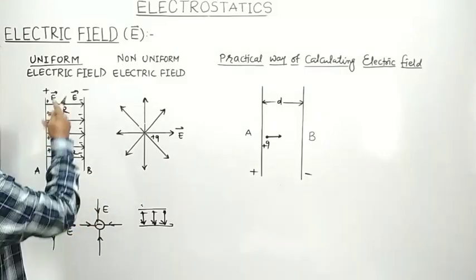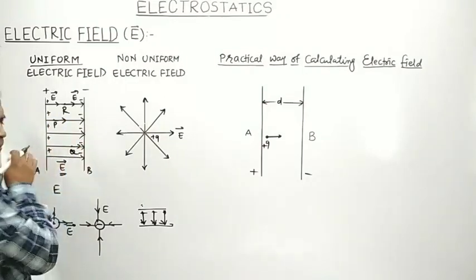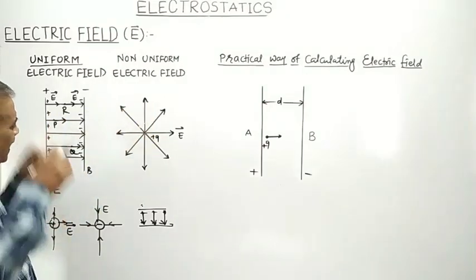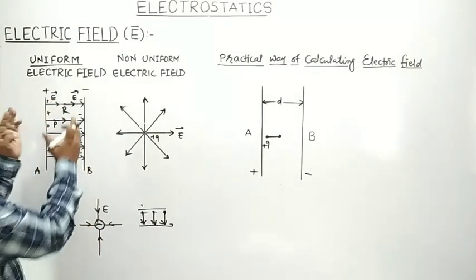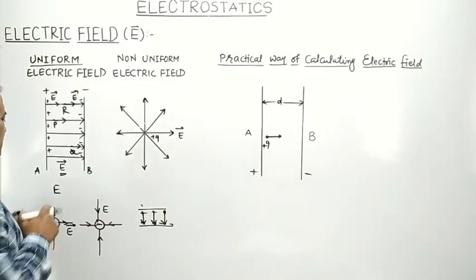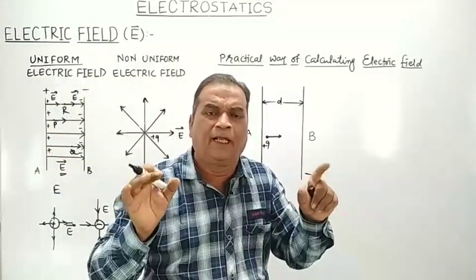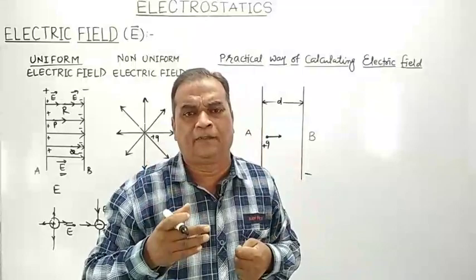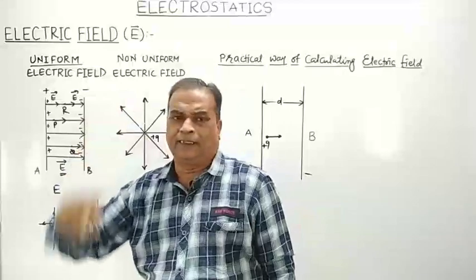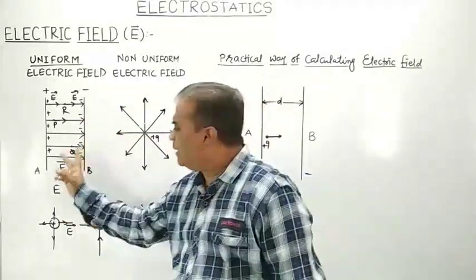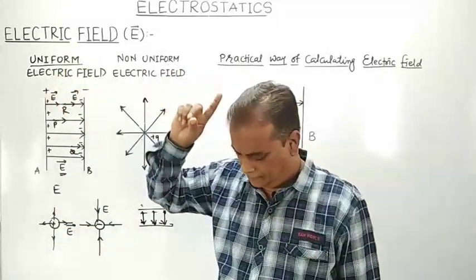At every point, the direction of electric intensity is also what? Same, towards the negative plate. As the magnitude of electric field intensity is the same as well as the direction is the same, one can conclude that a space between parallel charged plates will consist of a uniform electric field.